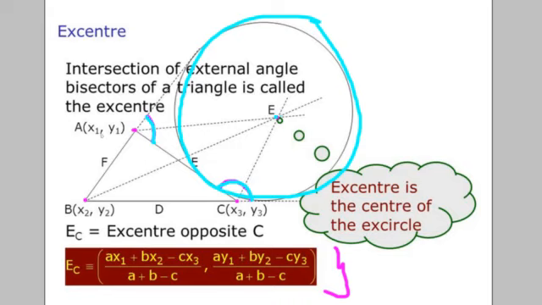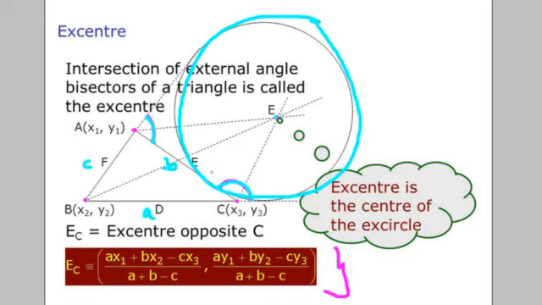Here a is the length of the side opposite the vertex A. Similarly, b is the length of the side opposite the vertex B, and c is the length of the side opposite the vertex C. So these are the formulas we have to remember and apply when necessary.